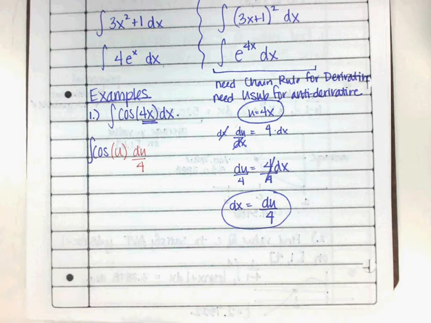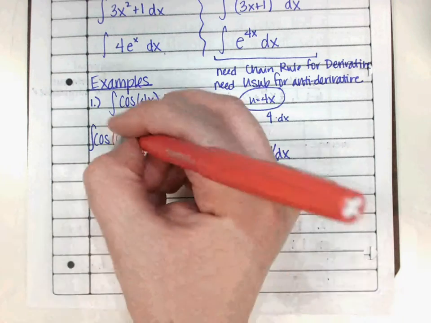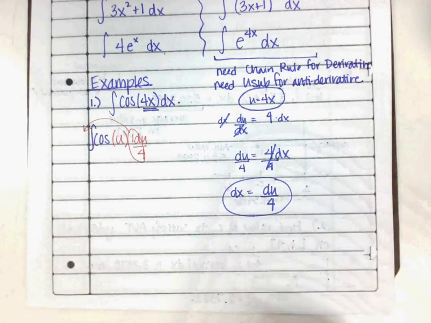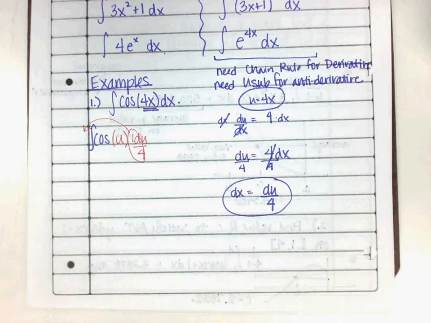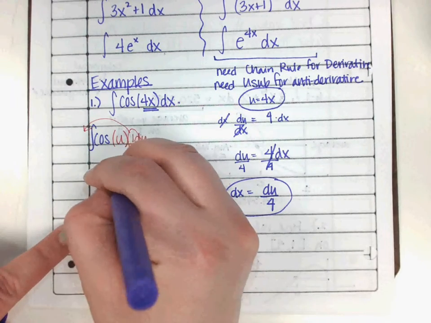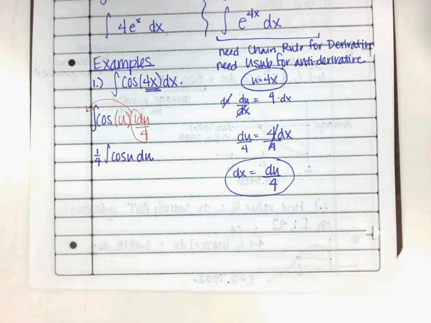Okay? Now, from here, there is a rule that says that any constants, like regular numbers, I can pull to the front of an integral. Do you remember that? Yes. So if this is a 4 on the inside of the integral, I'm going to just take that constant and pull it outside. So instead of a 4 under the du, now it's a 1/4 in the front, integral cosine u du. So my 1/4 moves out, my du stays where it's at, my cosine u stays where it's at.